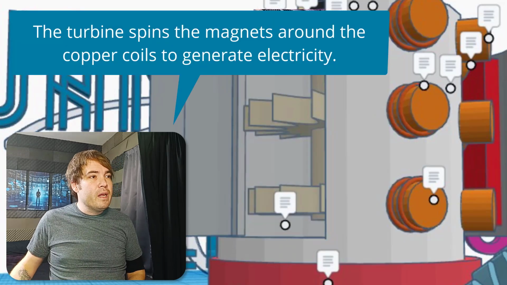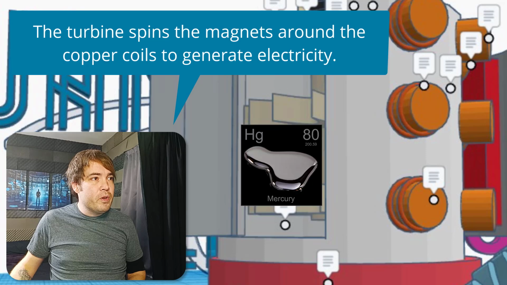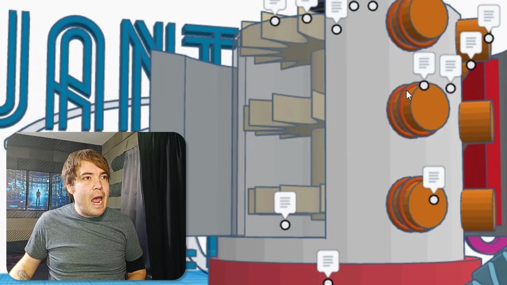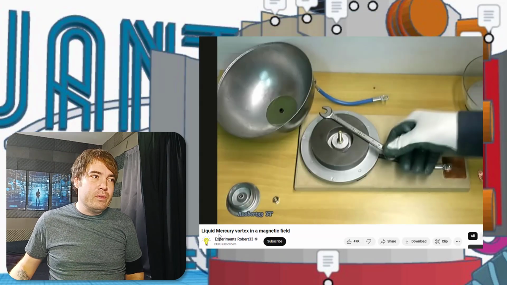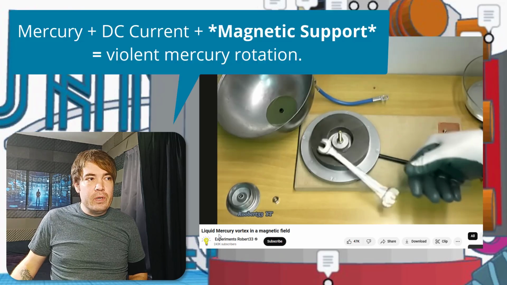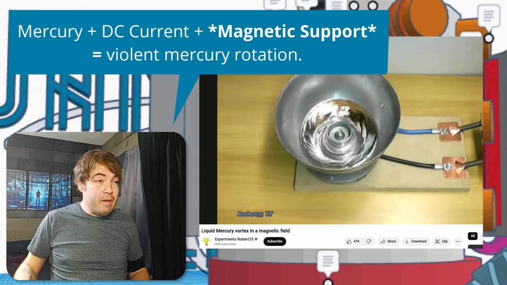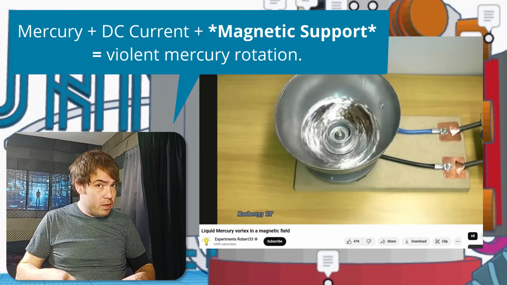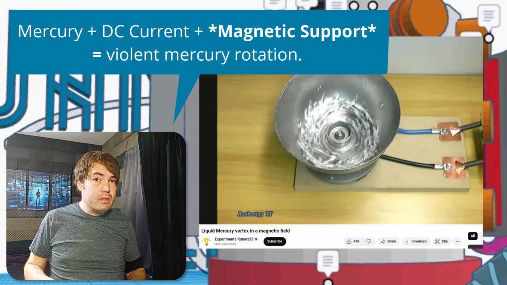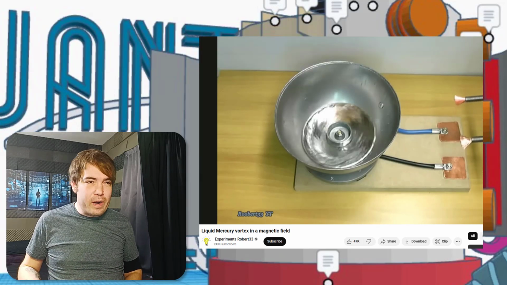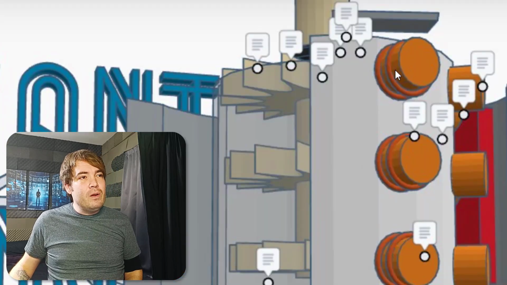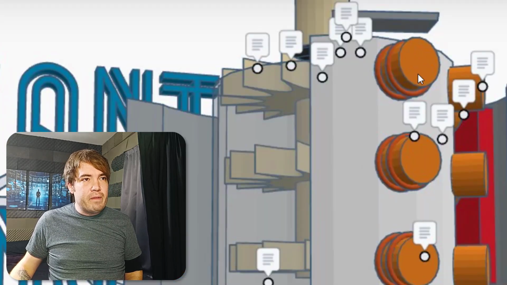There's a turbine inside of the mercury, and if you expose mercury to direct current or EMF, it will begin to rotate on its own. It just rotates. And so I was thinking, well, what if you were to supply it with all of the electricity that comes out of these coils?